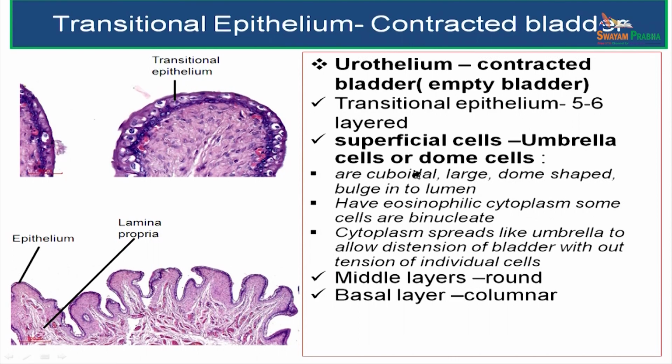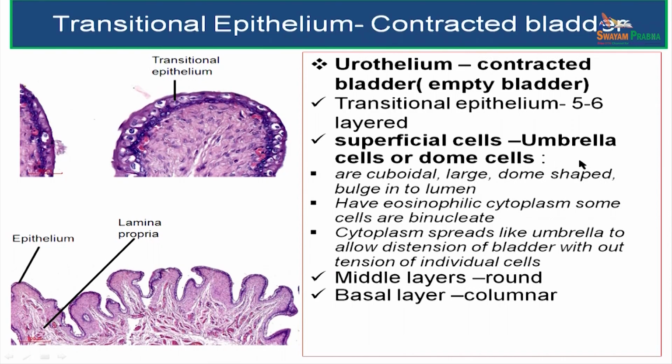How do these cells look? They are cuboidal, large, dome shaped, they bulge into the lumen. The cytoplasm is eosinophilic. Sometimes you might see some cells with 2 nuclei, called binucleate.